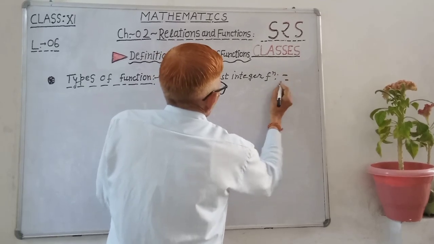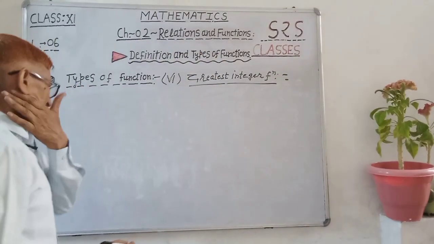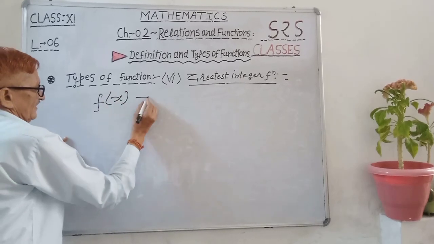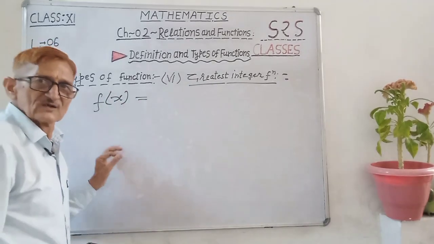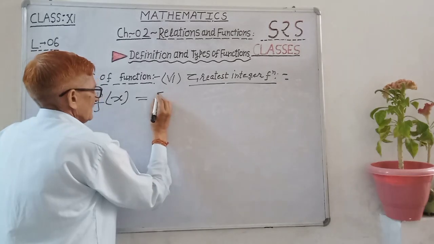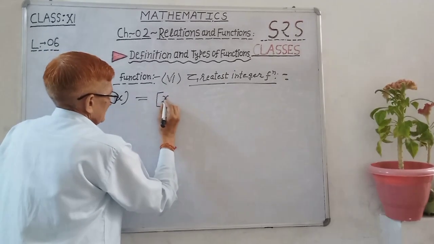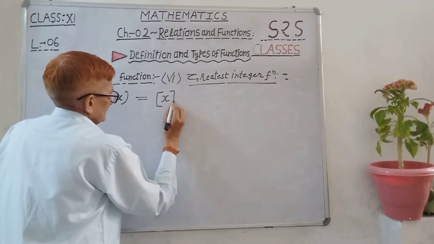What is this function? The greatest integer function, standard form: f(x) is equal to, it is written like that, x inside a square bracket. This is the greatest integer function.